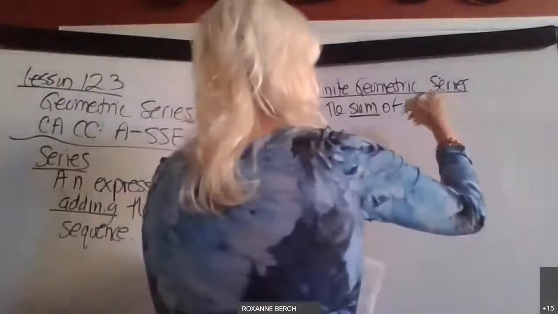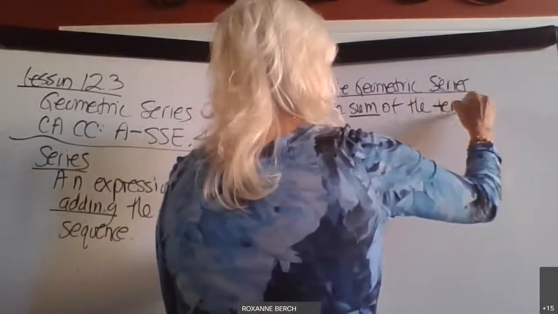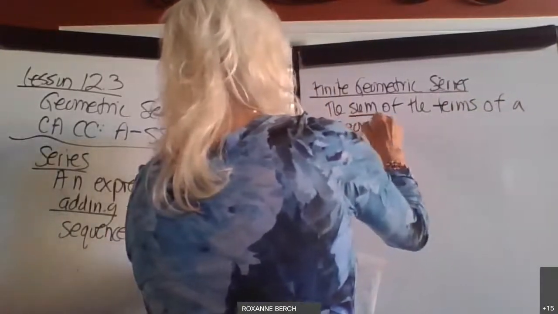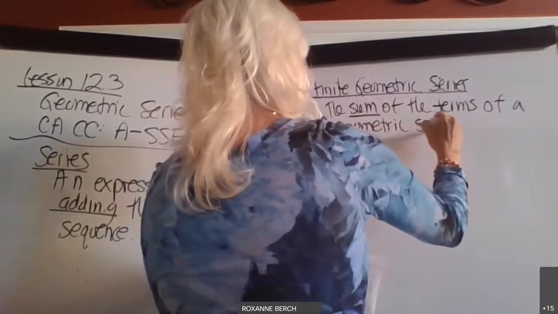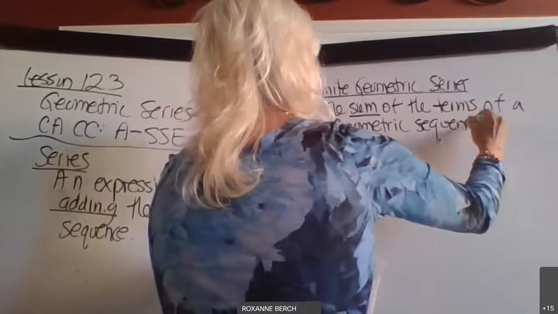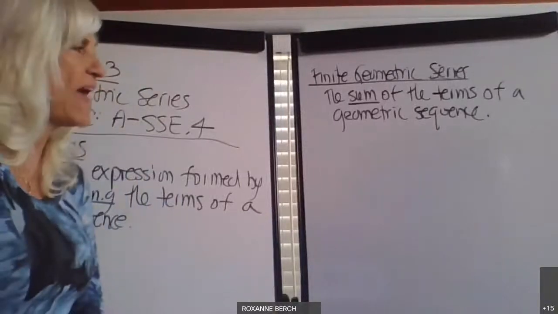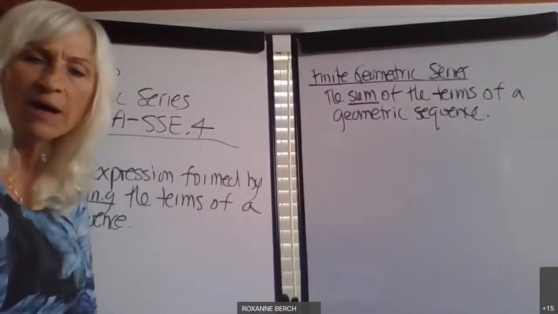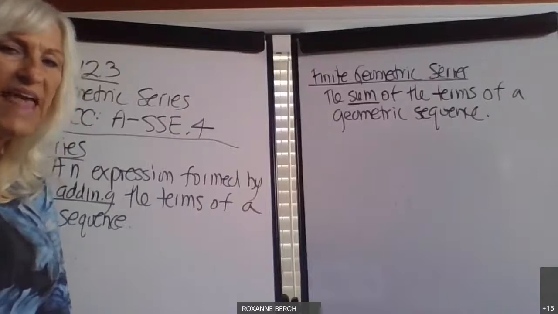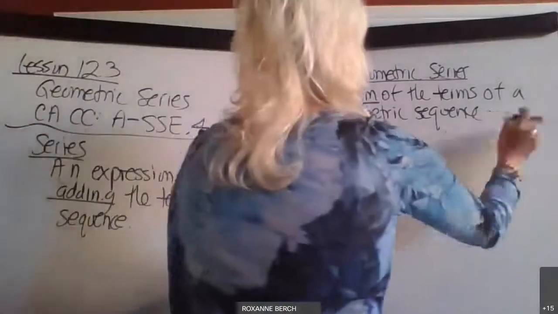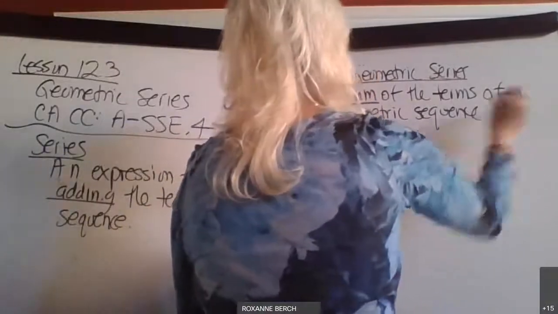It's the sum of the terms of a geometric sequence. So basically what this is saying is instead of putting commas, put plus signs, because it's adding a geometric sequence. And this is a sequence that has a finite number of terms.